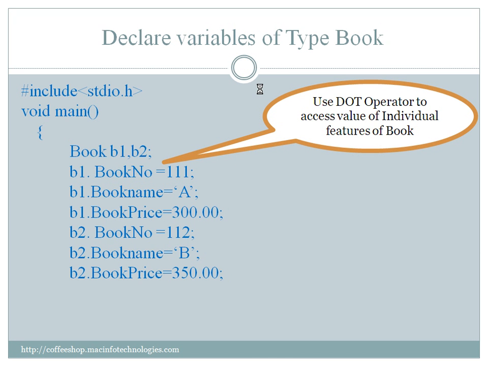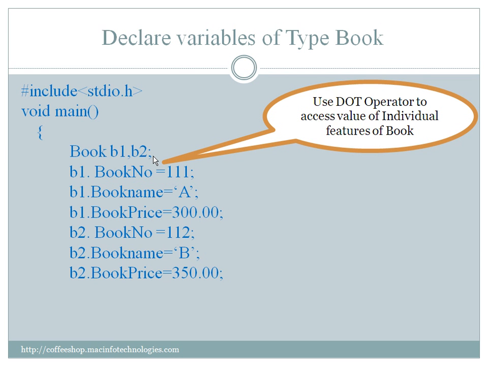So how to declare the variables of type book? We declare a variable as we declare a normal int or float variable: book B1, B2. So we have declared two variables, B1 and B2.